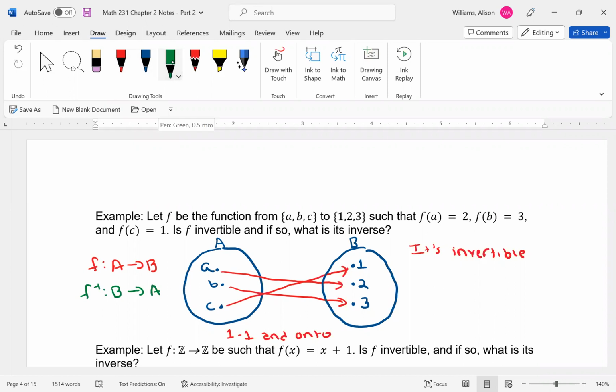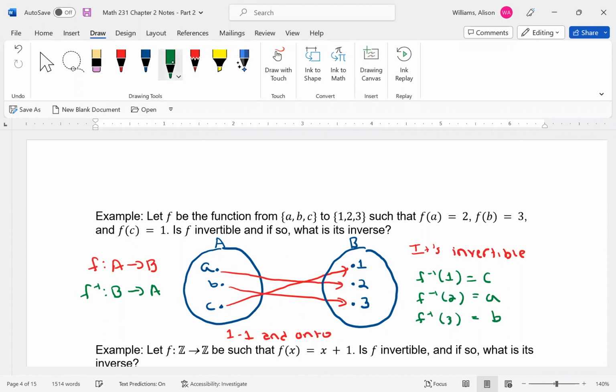So f inverse of 1 is going to be C. f inverse of 2 is going to be A. And f inverse of 3 is going to be B.